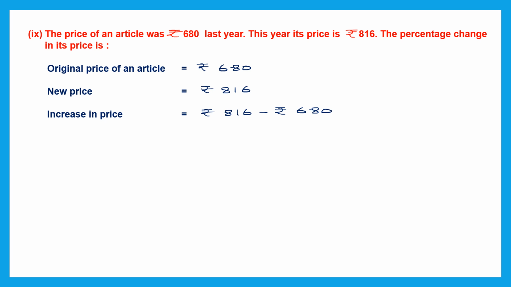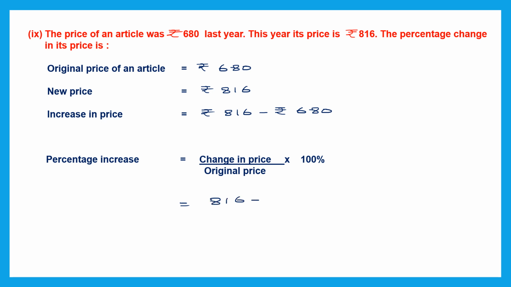Now we are asked to find the percentage change. So for that the formula is change in price or the increase in price by the original price. So let's write that first. So what is the increase in price? 816 minus 680 divided by the original price, which is 680. And now we find the percentage, that is 100%.